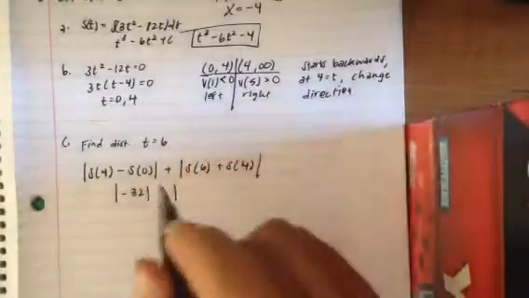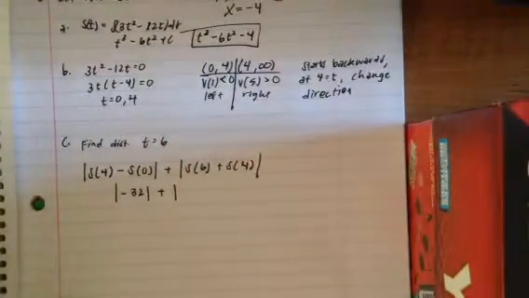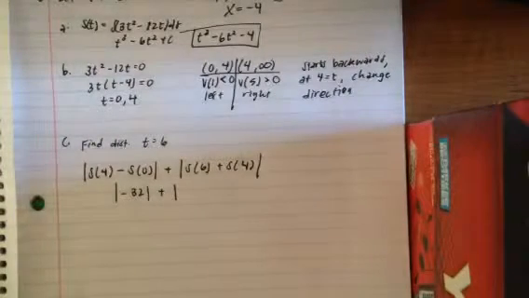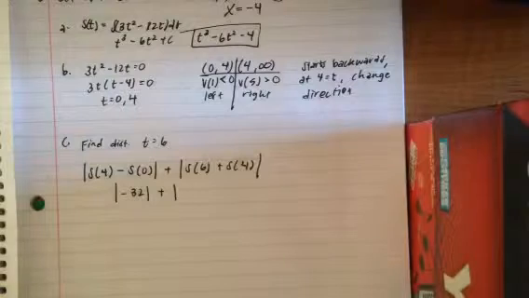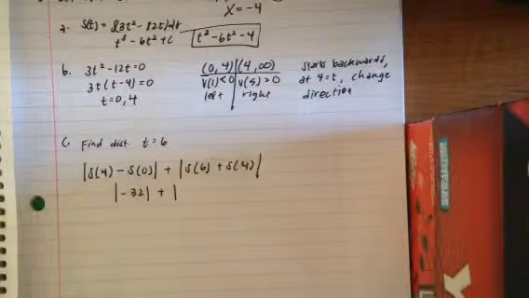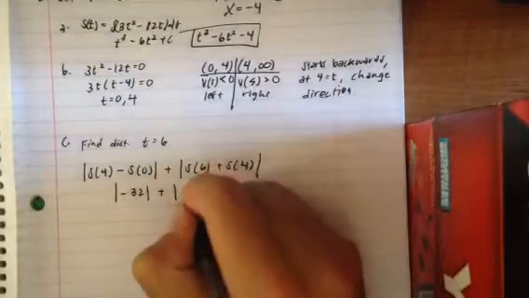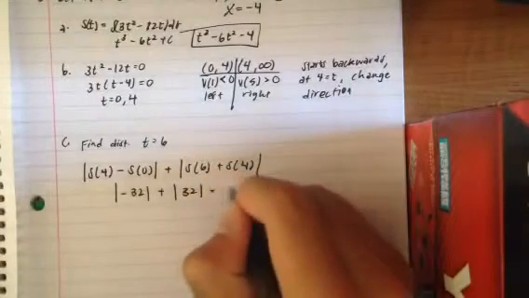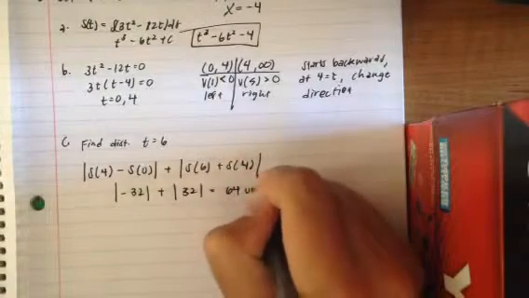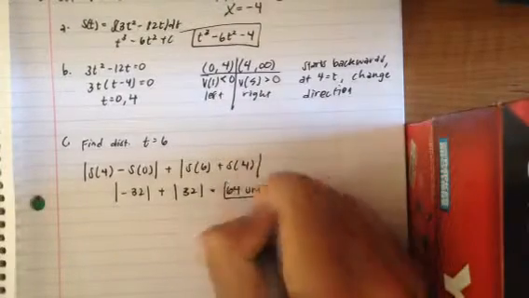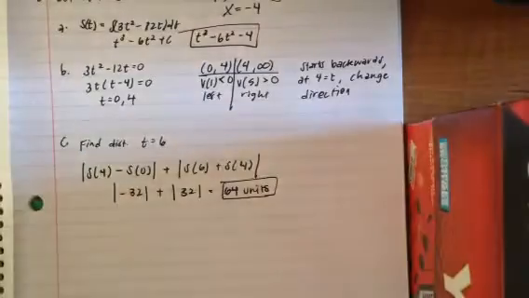And then plug this into my calculator, and s of 6 you would also get, well, you'd get a positive 32, and so your answer would be 64 units. And that is it for 6.